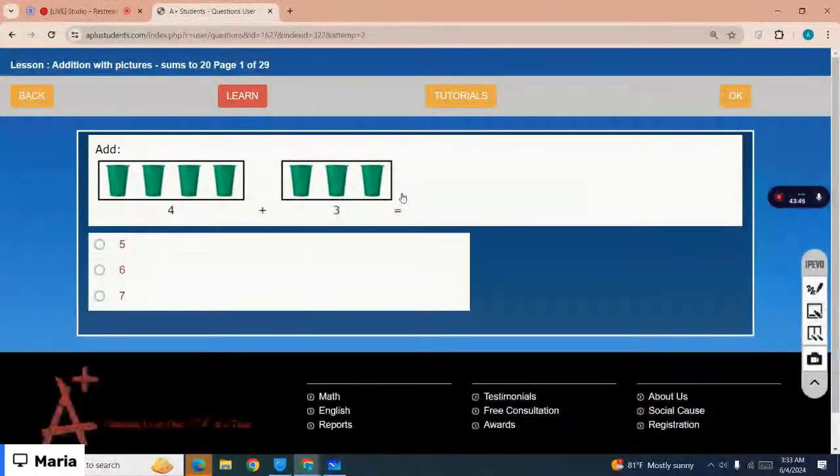So start with 4 and count up 3: 4, 5, 6, 7. So the correct option is 7.